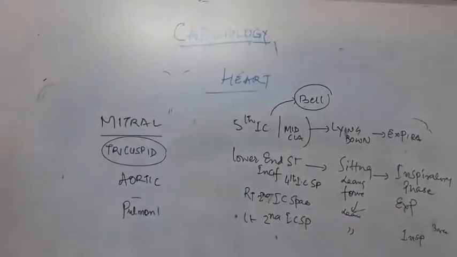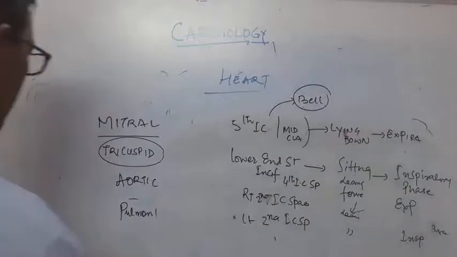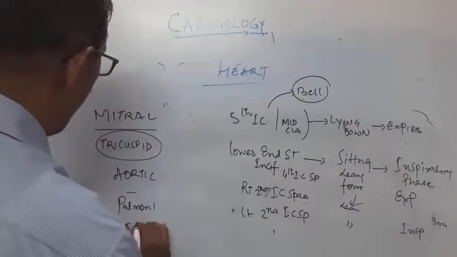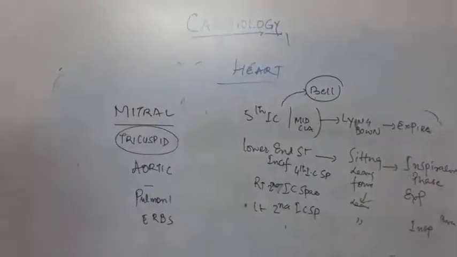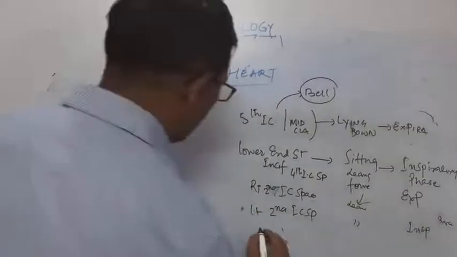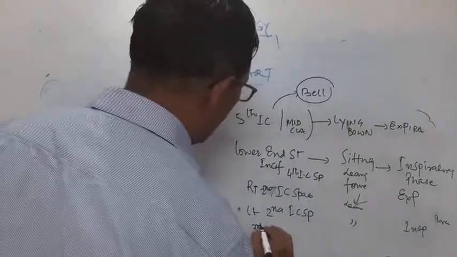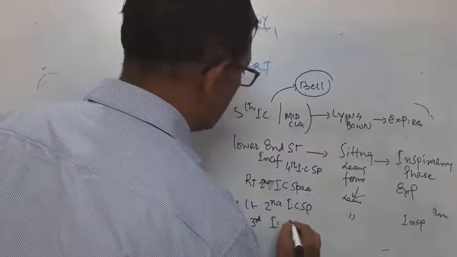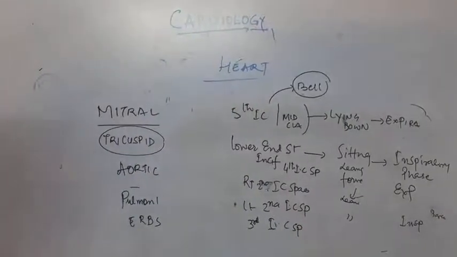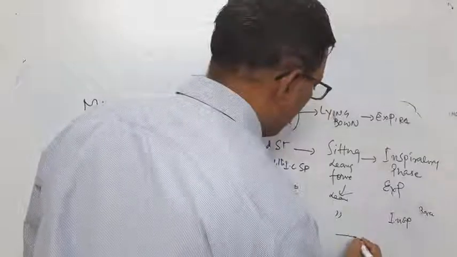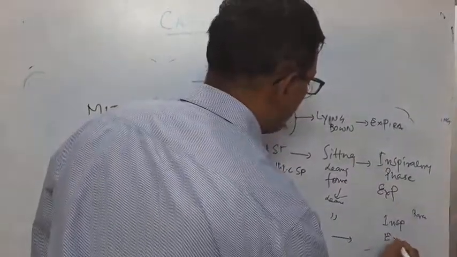Now, one important point which is always asked is known as Erb's point. This is nothing else but the third left intercostal space, and you again hear it in the expiratory phase.